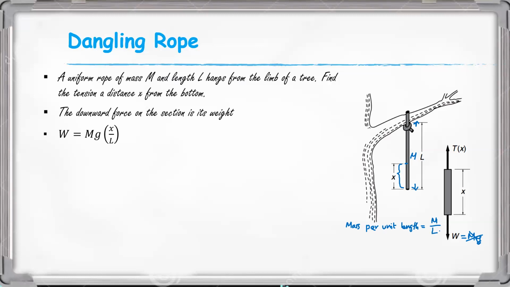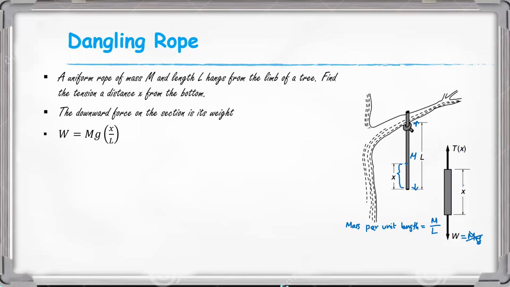Then the mass of a length small l must be equal to M divided by capital L into small l.